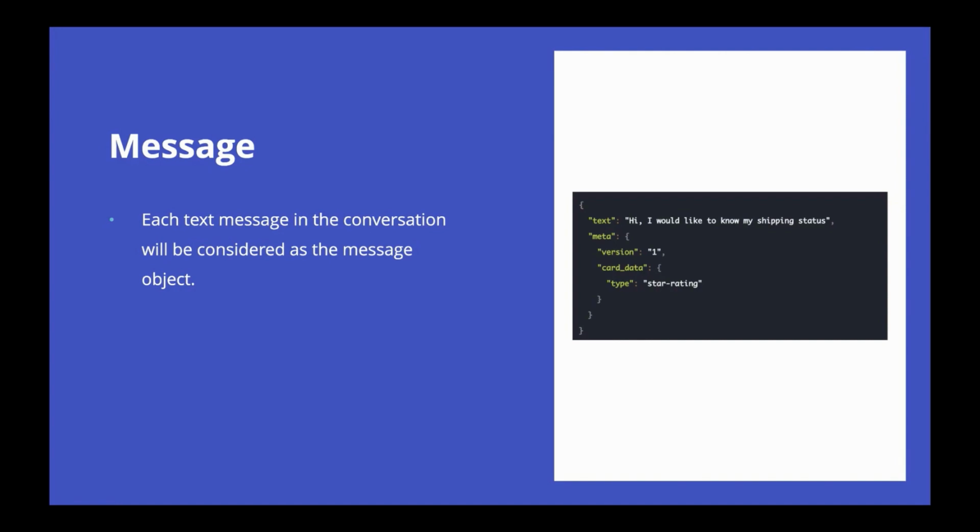And then there is meta, which is not a mandatory attribute. This will basically contain the details of the visitor's message, such as the card type, say if you're using any input card or display card, the type of card and the type of message, etc.